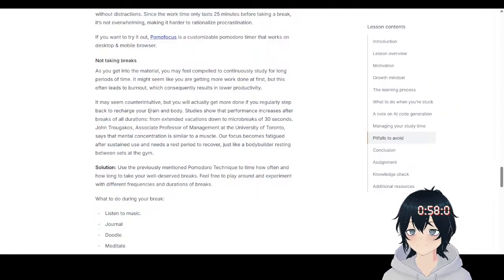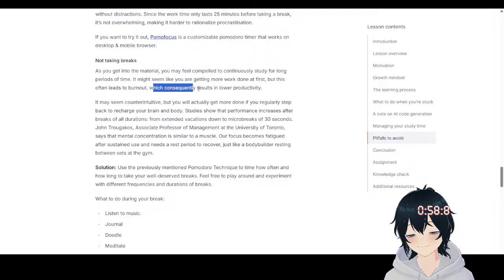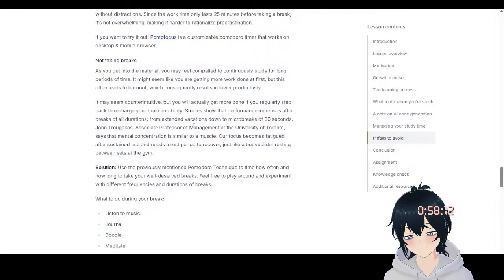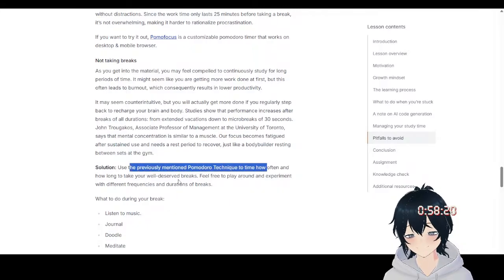Counterintuitive, yes. This is like when your alarm rings, you're left at a cliffhanger. It makes you want more, is it? Is that what it is? Solution, yes, very nice.